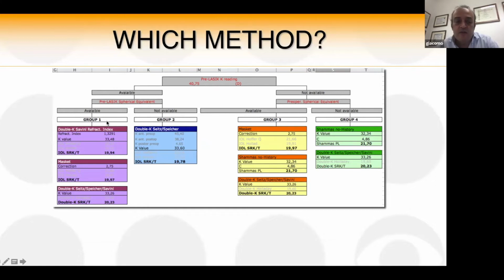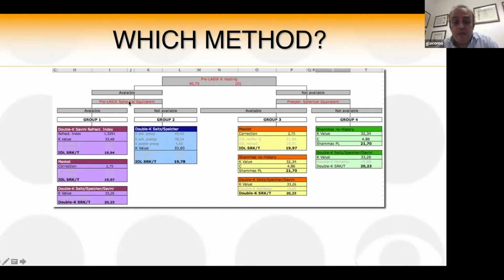Then the best formulas are the double K Savini, which means the one with the adjusted keratometric refractive index, with the SRK/T. The second best one was the Masket, and the third one was called Seitz-Speicher-Savini, which I later called in other papers triple S.